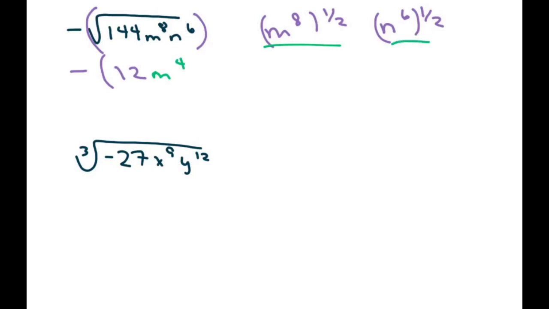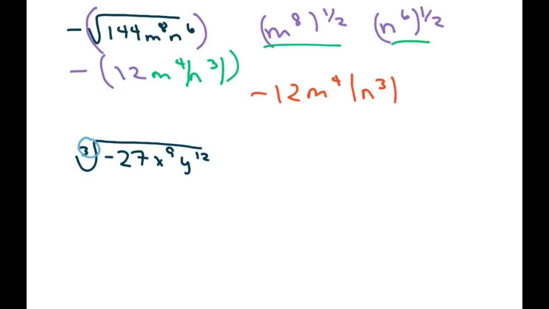This one's going to give us n cubed. Since we're starting off with the root being even, and we've got an odd power here, we have to make this an absolute value. So the final answer would be -12 m to the 4th, absolute value of n cubed.